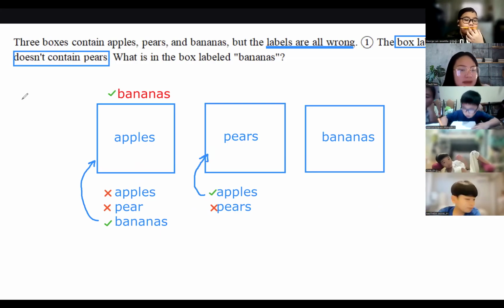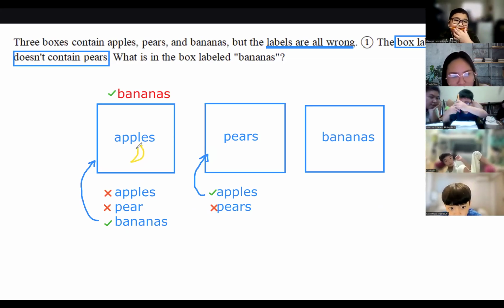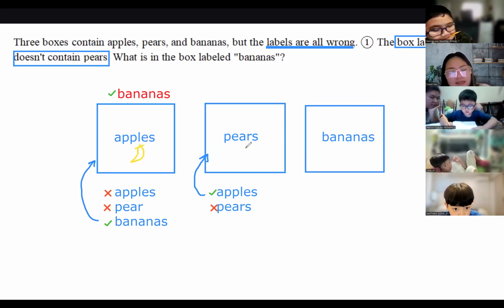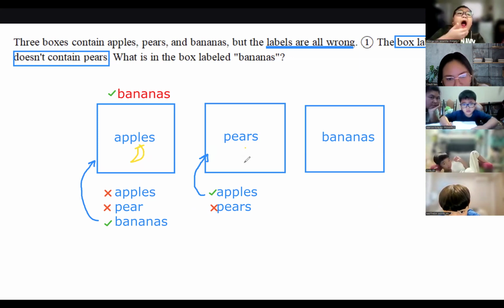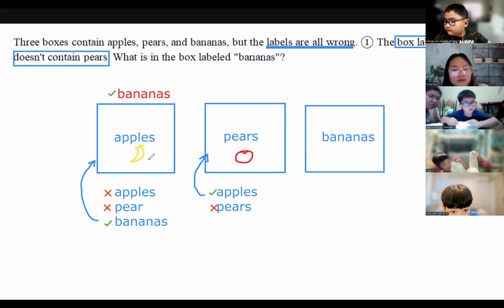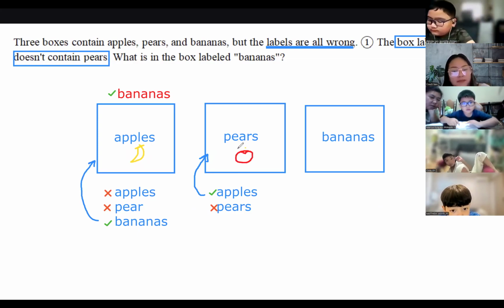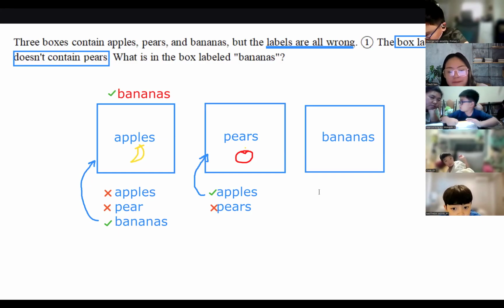Okay, so let's backtrack a little bit. This one has bananas. Just imagine they are bananas like that. And this one has apples. So since you only have three fruits, and this one is apples, this one is bananas, the remaining fruit is going to be what?